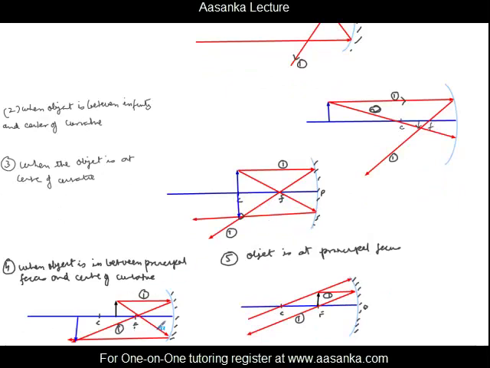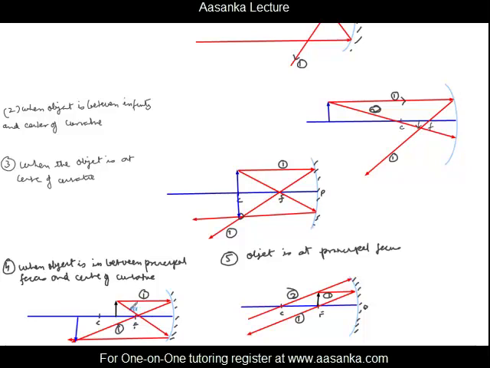In this case, though, we have not taken the ray passing through the center of curvature. In this case we have taken one more ray parallel to the principal axis and going through the focus to locate the image. This also you can do in different situations. All three rays are valid.